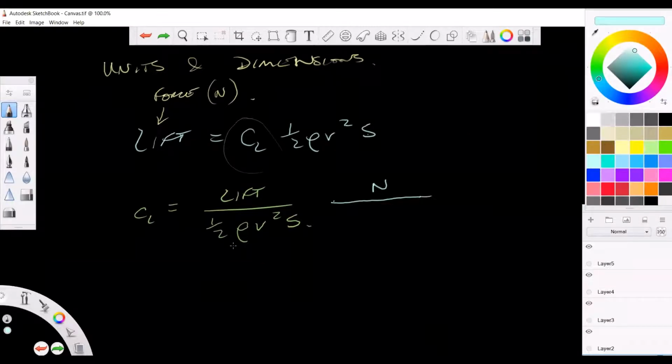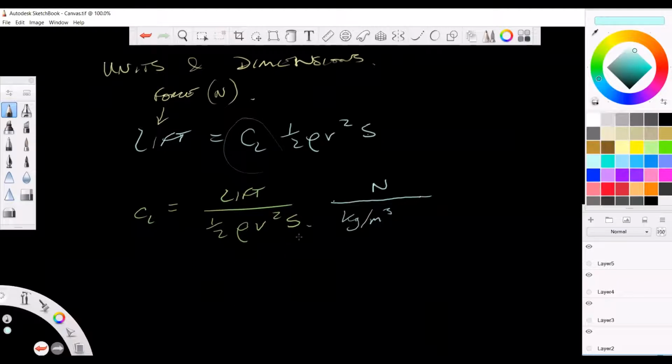Rho. Now, rho is density. I am going to have to change that into force. So rho is density, it's kilograms per cubic meter.